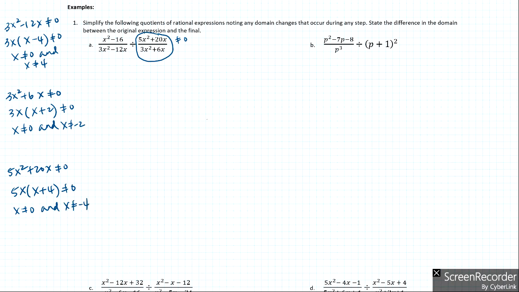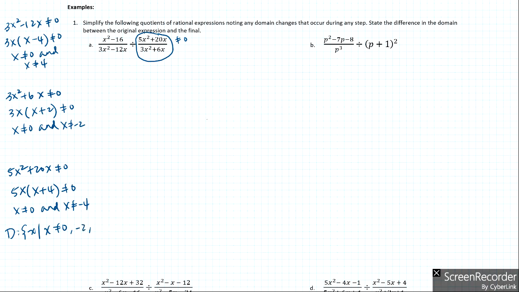So now, in order to list the domain restriction of the initial operation, we want to make sure that x doesn't equal 0, x doesn't equal negative 2. I'm actually just going to list them out as individual numbers.